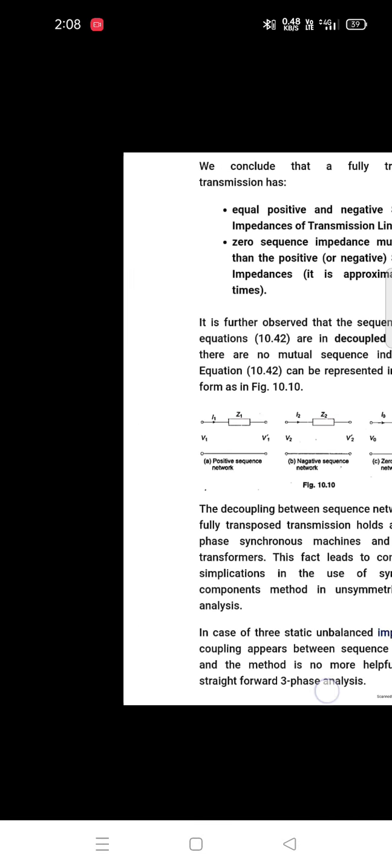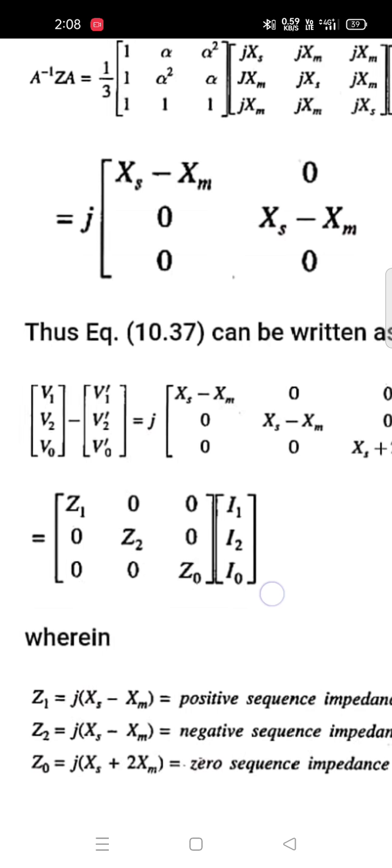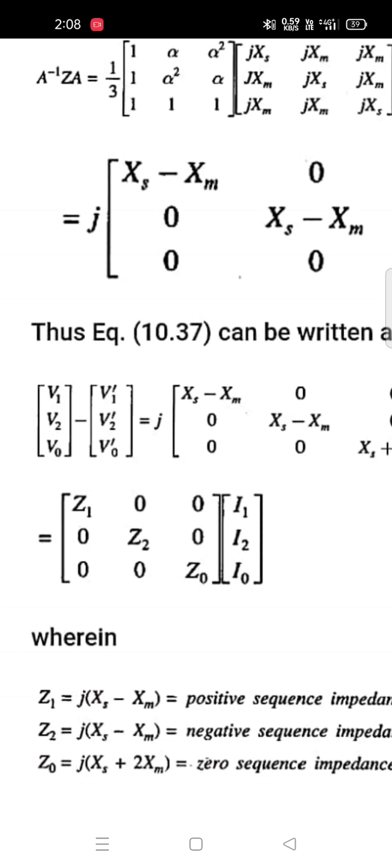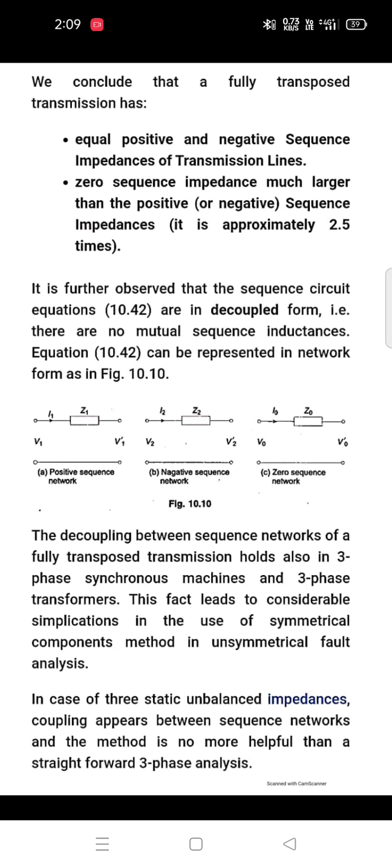With these values we can conclude for a fully transposed transmission line that the positive and negative sequence impedances are equal, and the zero sequence impedance is much larger than the positive or negative sequence impedance, approximately 2 to 2.5 times.